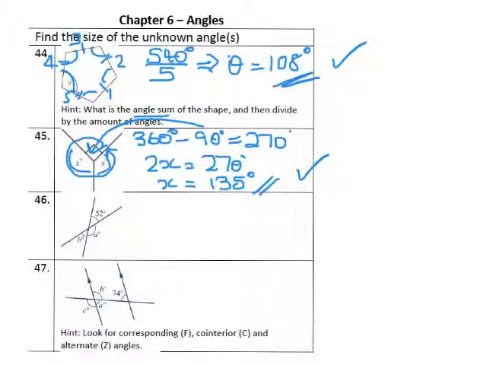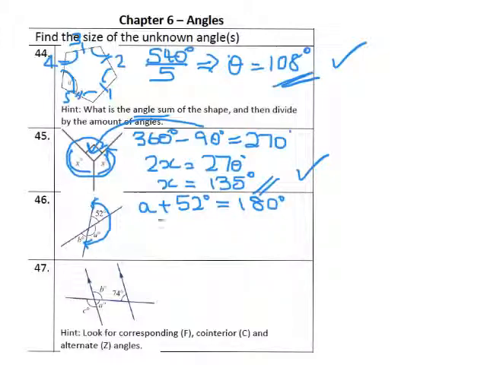Now we're up to question 46. I want you to notice that there's two angles A and B that we have to figure out. So let's start with the A. When you look at the A, you realise that the A and the 52 degrees angles make up a straight line, and they've got a special name called supplementary angles. What's special about supplementary angles is that when you add them together, they have to equal 180 degrees.